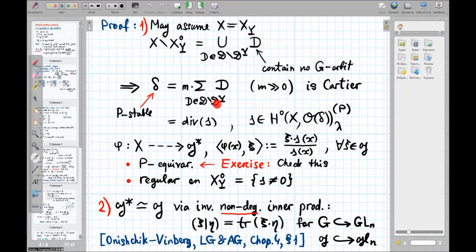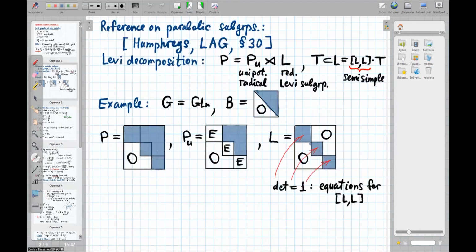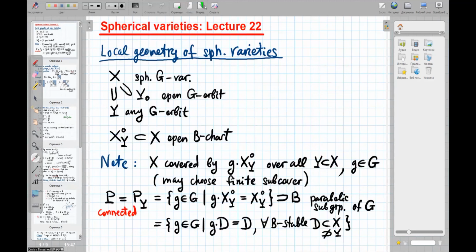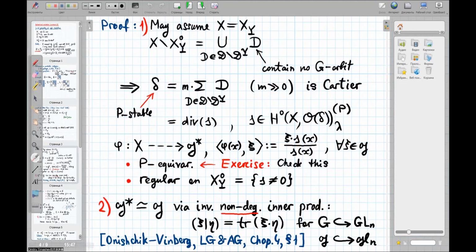So if some element permutes D but does not keep D, no, they cannot be permuted. This we already discussed. Because anyway, all these D's are stabilized by the Borel subgroup, right?